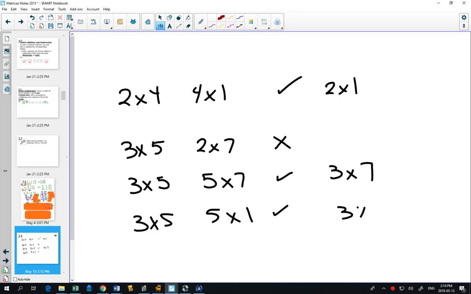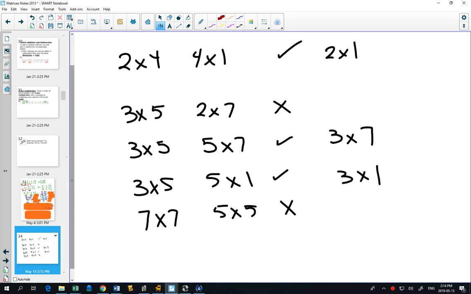It would give me an answer that's a 3 by 1. But if I multiply a 7 by 7 by a 5 by 5, it doesn't work. But if I multiply a 7 by 7 by a 7 by 201, it does work and gives me an answer that's a 7 by 201.